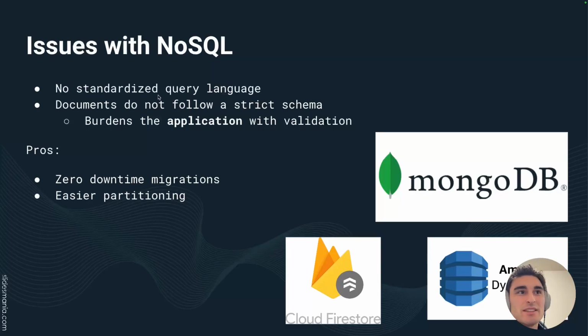The other issue is that there's no standardized way to interact with NoSQL databases. Common offerings such as MongoDB, Amazon's DynamoDB, or Google Cloud Firestore don't have one universal query language, compared to SQL databases, which use SQL, and all major relational databases support the SQL standard.